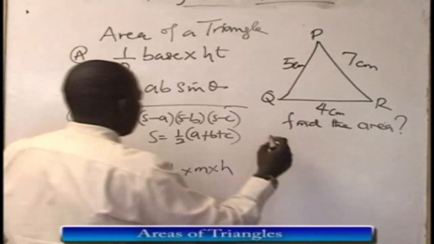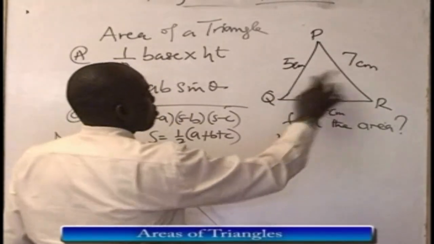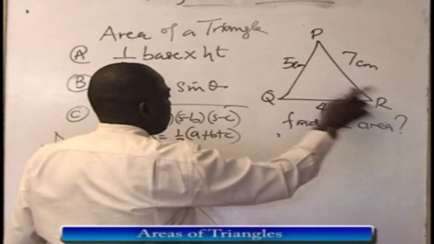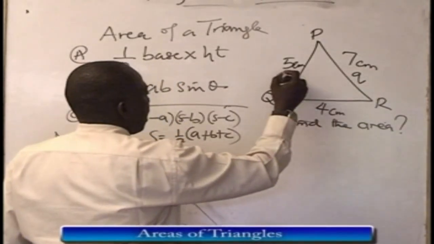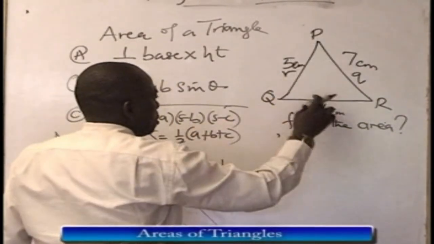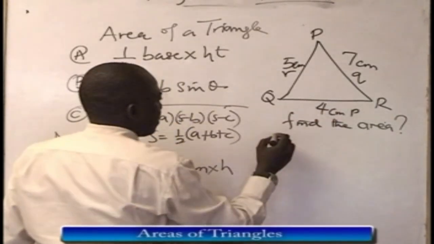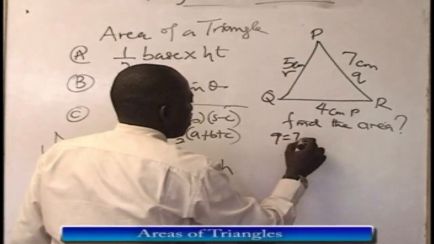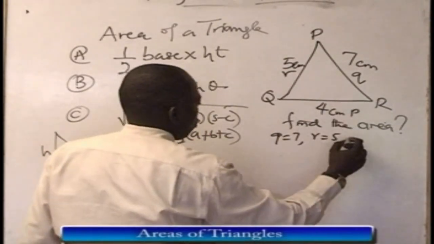Let's quickly look at this. Like I already shared with us, the side facing angle Q is known as small q, the side facing angle R is small r, and the side facing angle P is small p. So you can then say q equals 7, r equals 5, and p equals 4.